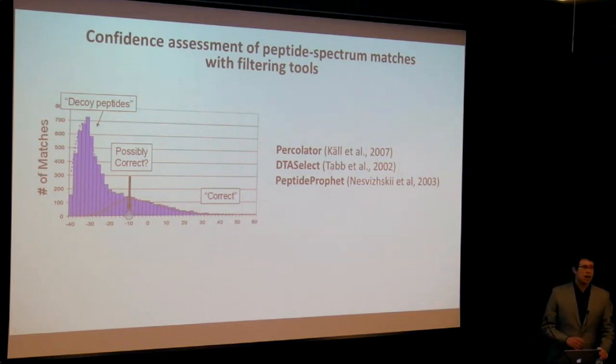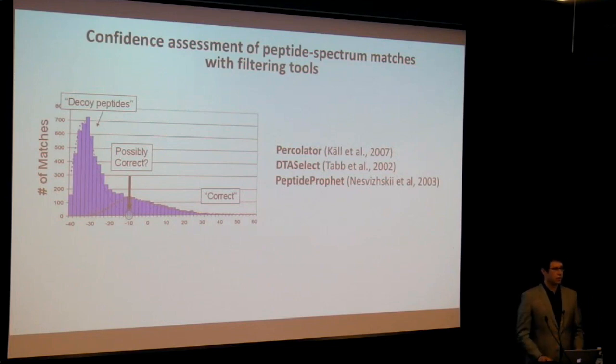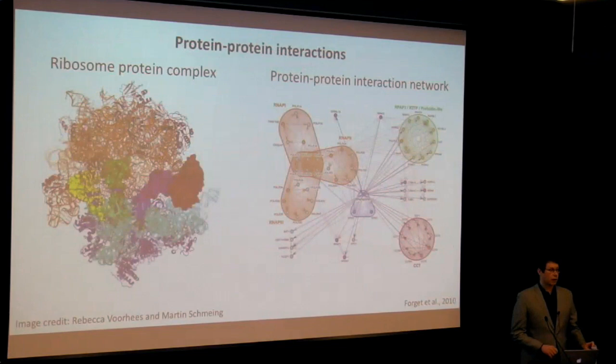Access to shared resources was not really in the mentality back then. It is much more so today. And one thing that can be quite useful in terms of information that we could bring in to assess more accurately the confidence of a peptide or a protein identification is probably protein interactions.